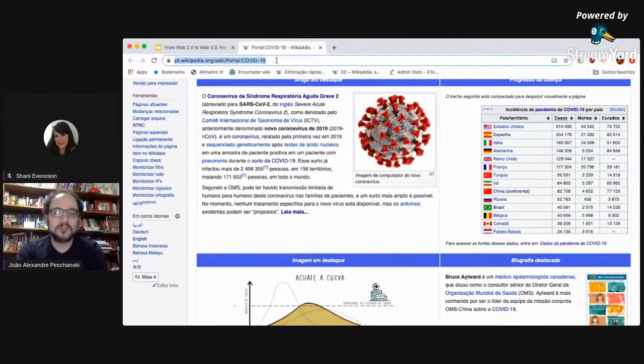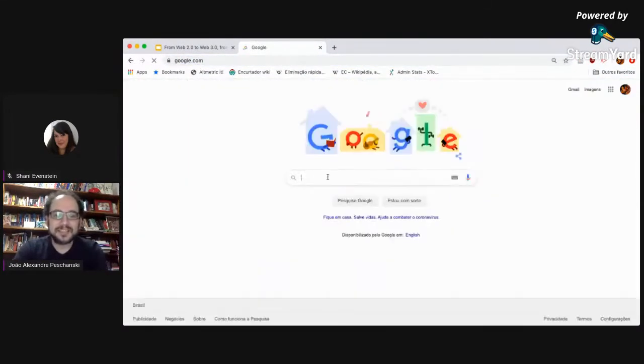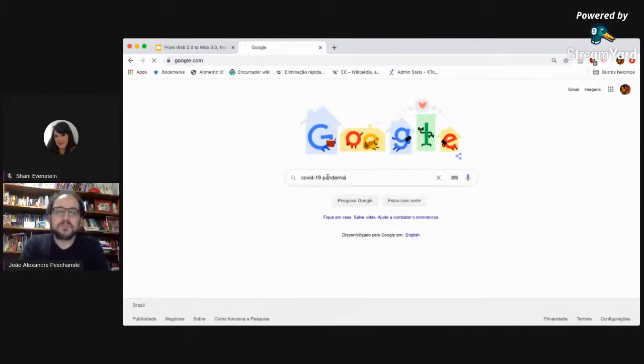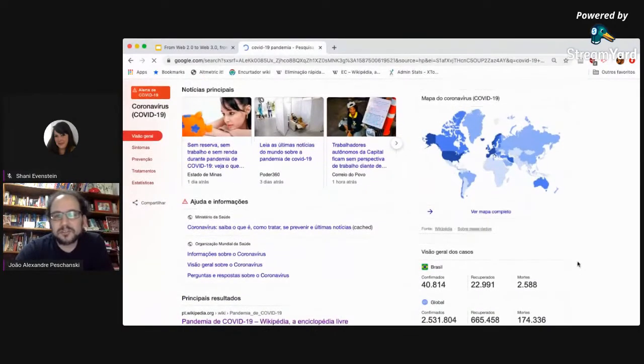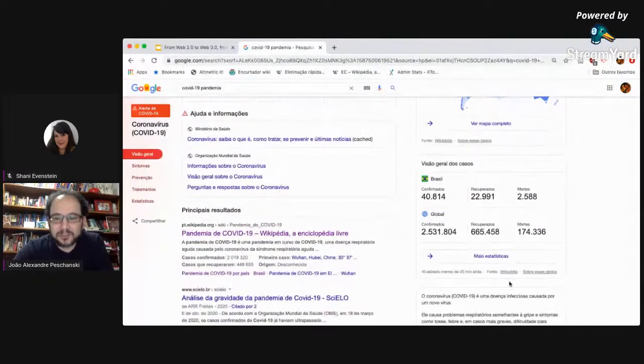And if you Google it, let's say I'm looking for the COVID-19 pandemic, not surprisingly, the source I get on Google is basically Wikipedia, which is basically Wikidata. So this data here, though they say it's Wikipedia, on Wikipedia in Portuguese, it's actually Wikidata.